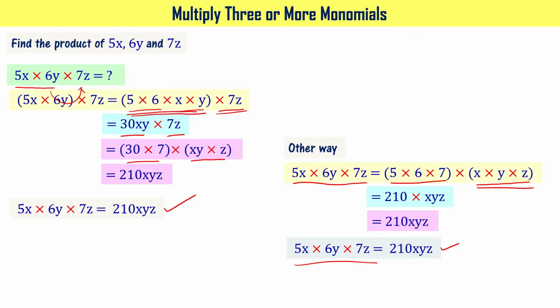Let's try to solve another problem with this approach, the second approach. 3x square y times 4xy square times 7x cube y cube is what? Now we can arrange, as you see here, I have constants, I have x terms, I have y terms, right?